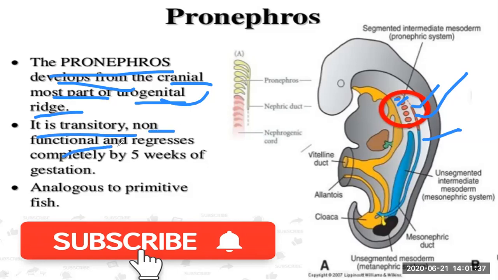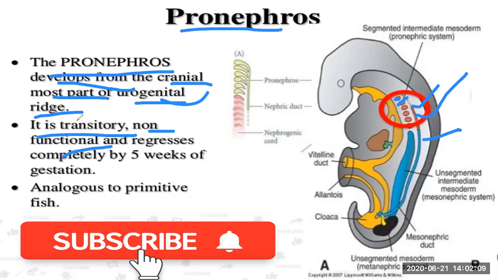In the case of the vertebrate embryo, this is not functional, but in the case of anamniotes, meaning amphibians and fishes, and myxine adults, they have this type of kidney. I had already told you the myxine larval stage has the archinephros kidney, and apoda amphibians also have the archinephros kidney, but myxine adults as well as anamniotes, fish and amphibians, have the pronephros kidney.